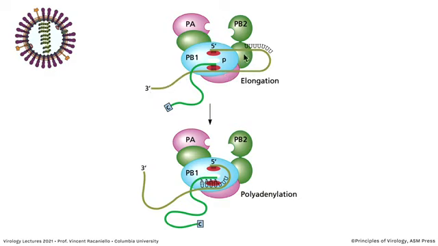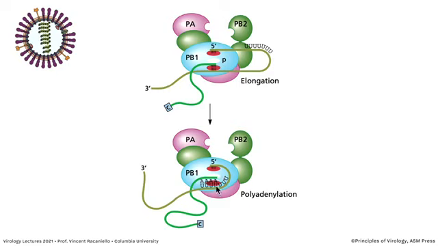So there's initially a loop here. And as the polymerization continues, it gets smaller and smaller until it can't be pulled through anymore because the 5' end is locked onto the PB1 enzyme. That's the catalytic subunit. And there happens to be a stretch of U's. So the polymerase begins to stutter.